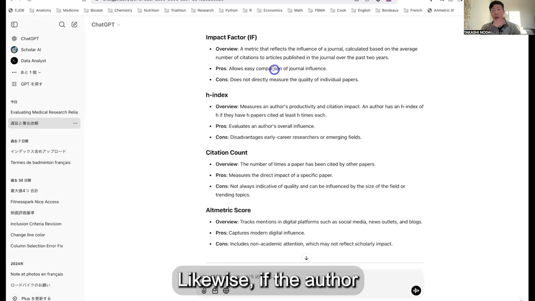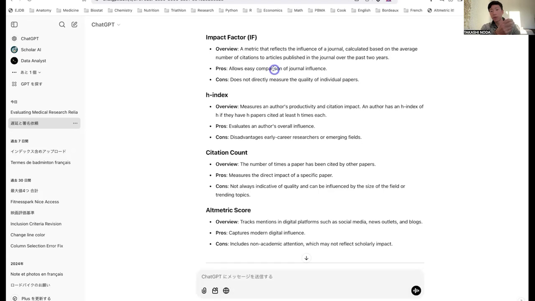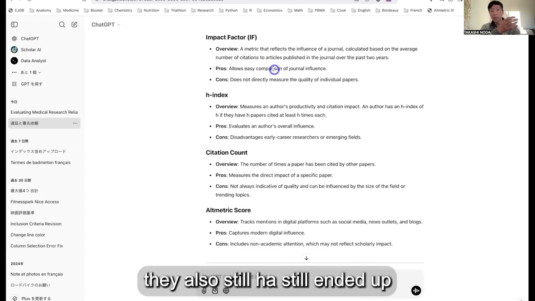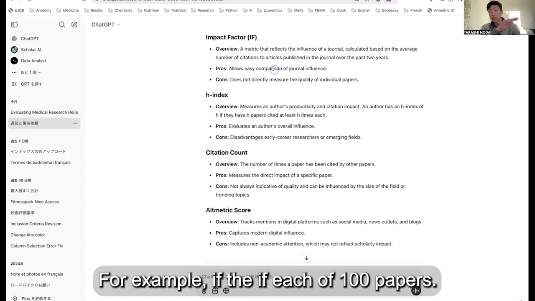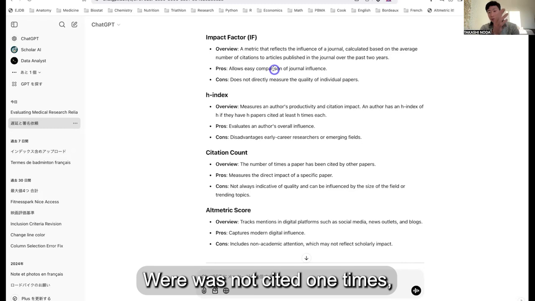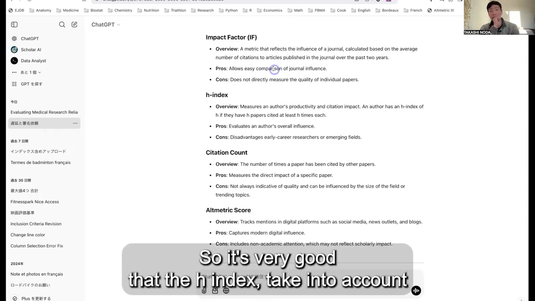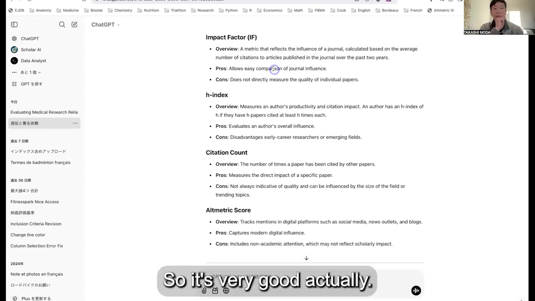Likewise, if the author wrote hundreds of papers, but the papers are not cited many times, they still end up with a low H index. For example, if each of hundreds of papers was not cited even once, the H index is 0. So it's very good that the H index takes into account the number of papers and the number of citations of each paper.